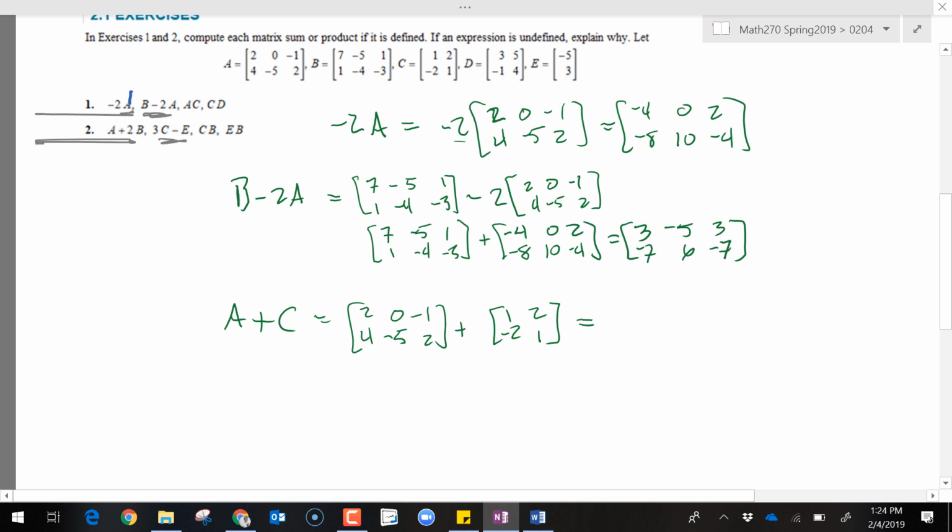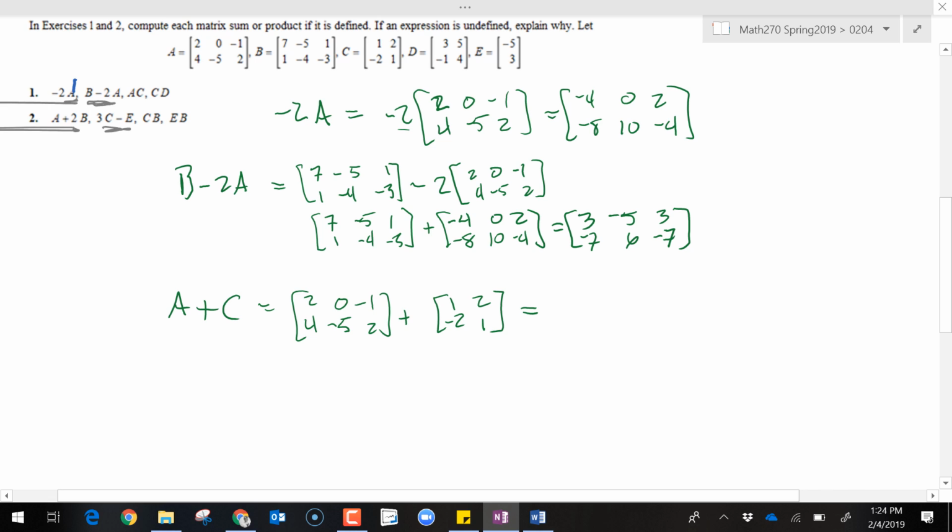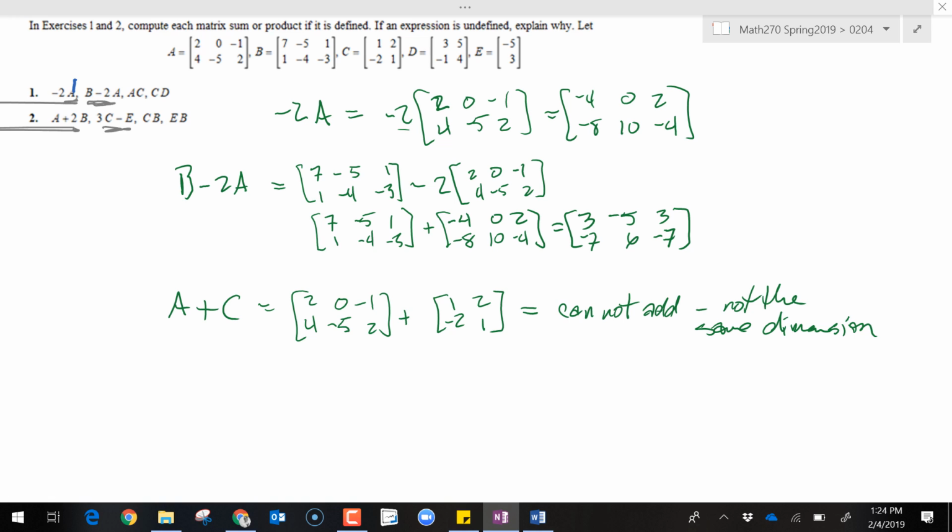So we cannot add. It is undefined, not defined, cannot do, because they are not the same dimension. You have to have the same size matrix to be able to add or subtract.